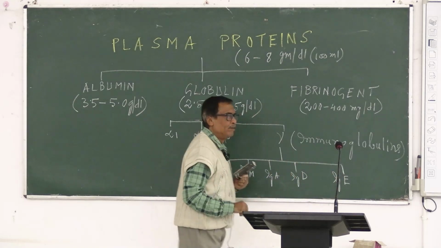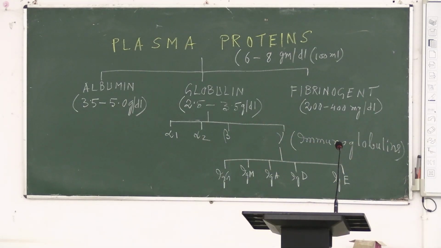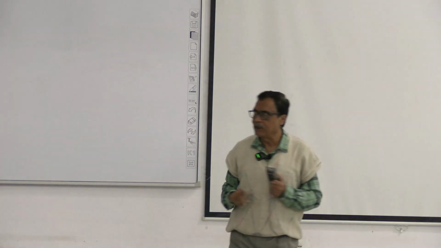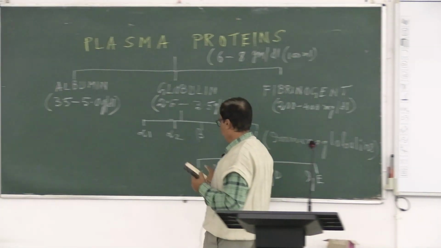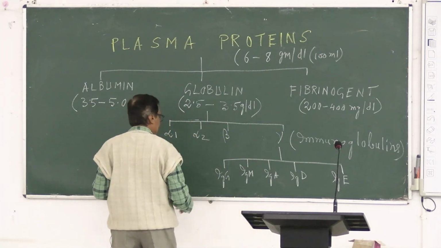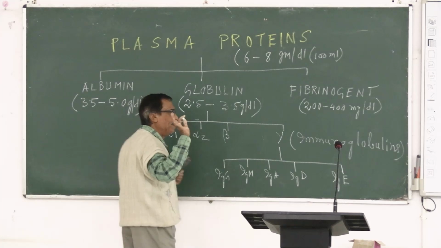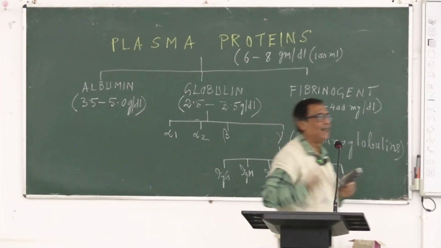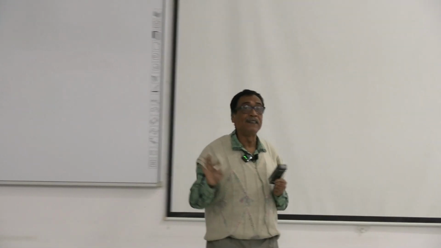GMADE. The largest means the highest concentration, and the highest concentration of the immunoglobulins is IgG. There are 5 types of immunoglobulin and 5 types of antibody. These are all proteins present in the plasma.